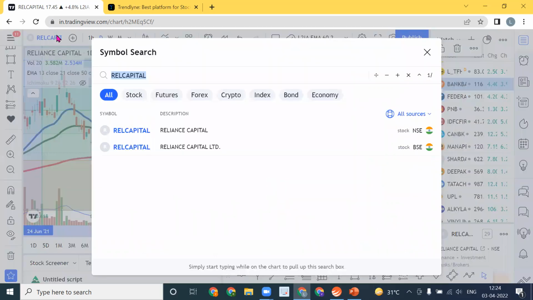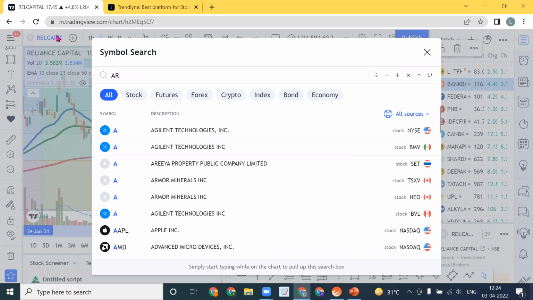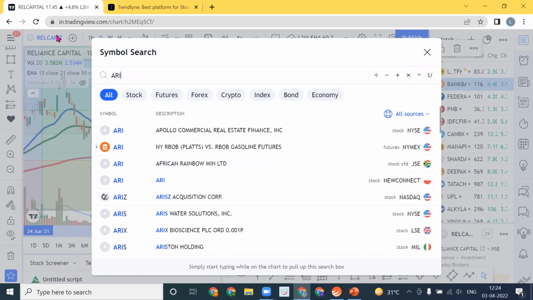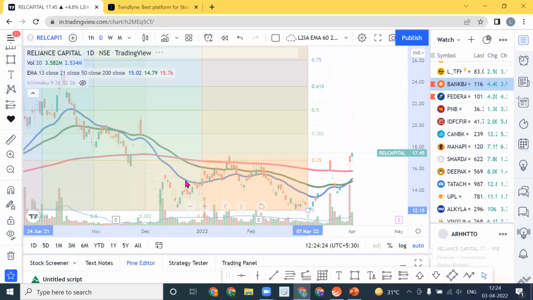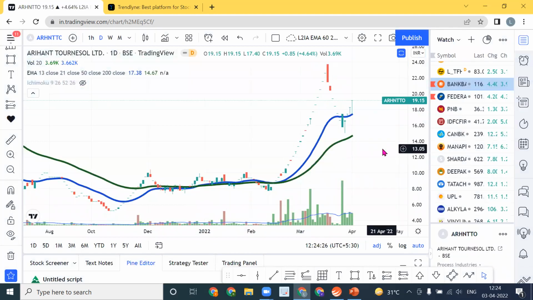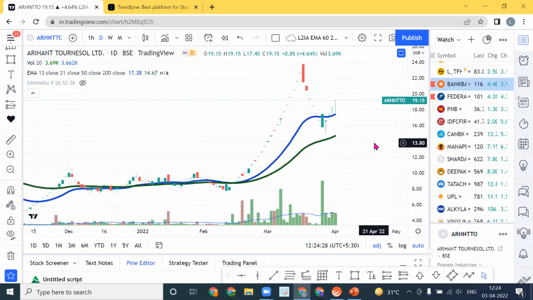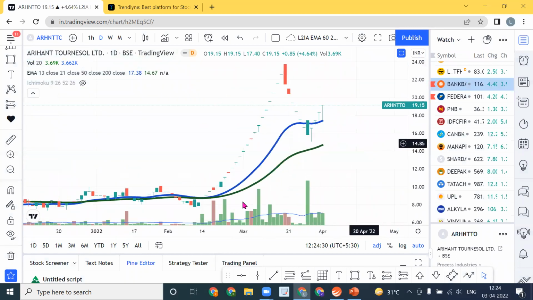Any other stock? I don't know the names of these stocks. Some of the bad ones. So this stock, Yr22, is continuously showing upward movement.